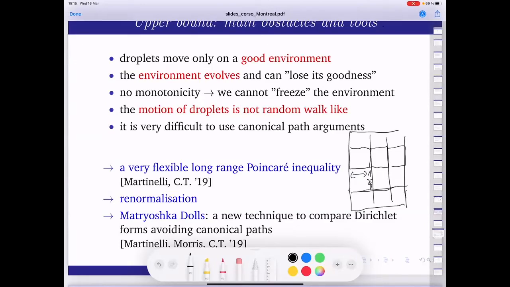Then the first dynamics that we study, instead of studying directly the Duarte dynamics, is to consider a dynamics in which on each of these renormalized blocks I have a clock. When the clock rings, I try to update the configuration of the block. I try because, as usual, I'm putting a constraint in order for that update to occur.